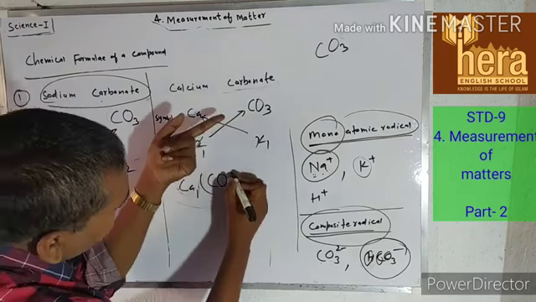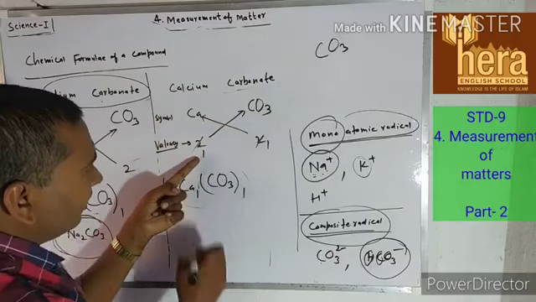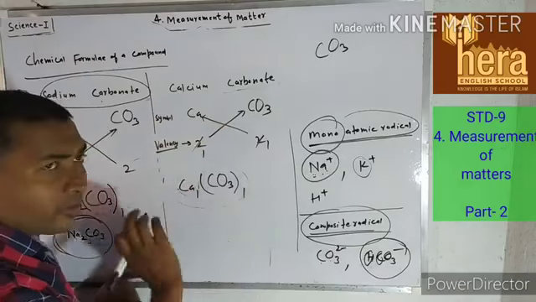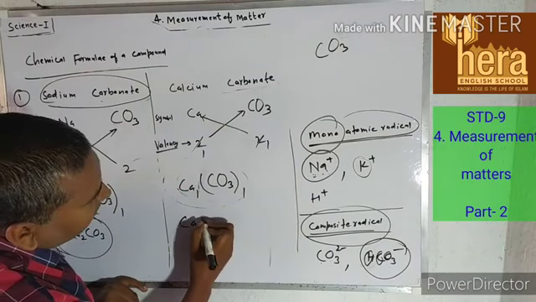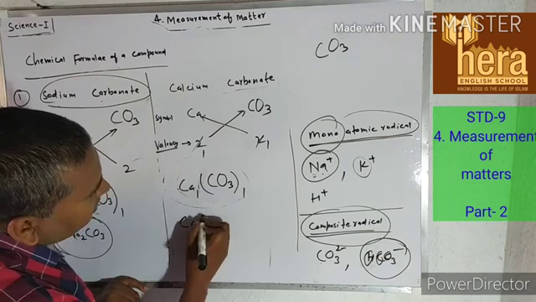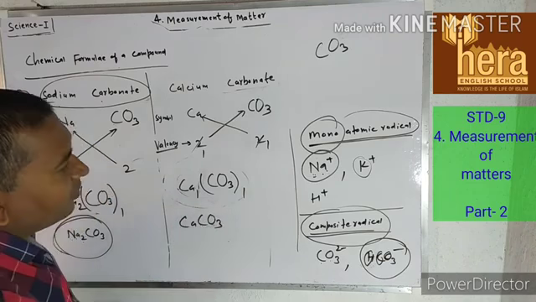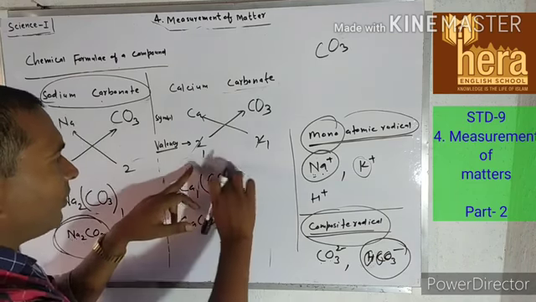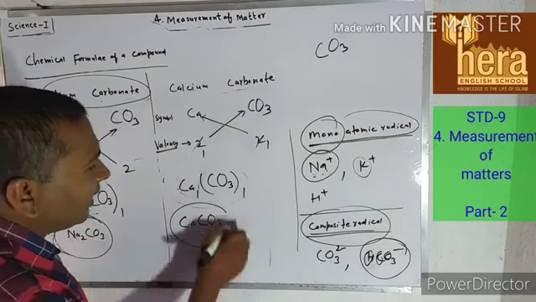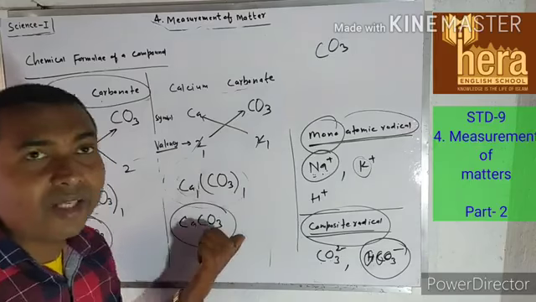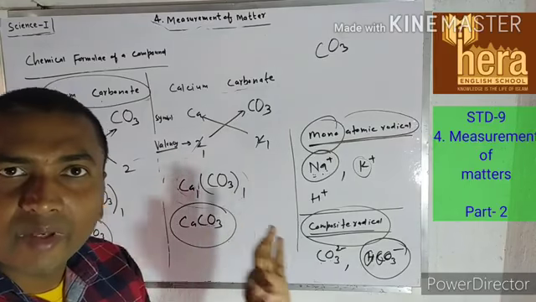CO3, bracket close, then 1. No need to write 1. Remove the bracket, and this will be CaCO3. In chemistry, if I write CaCO3, it means calcium carbonate.